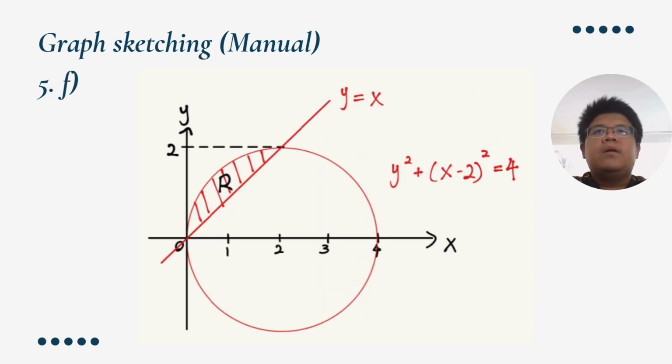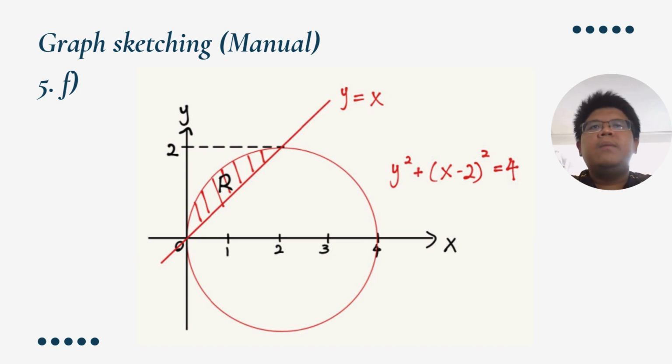And this is the graph of question 5f. There are two functions given, which are y equals x and y squared plus (x minus 2) squared equals 4. And the region R is bounded by these two functions in the xy plane graph.